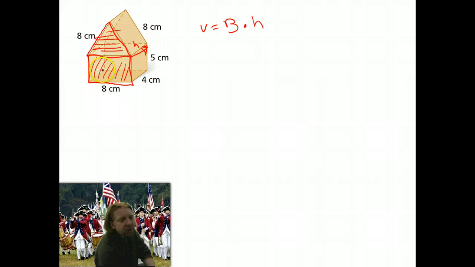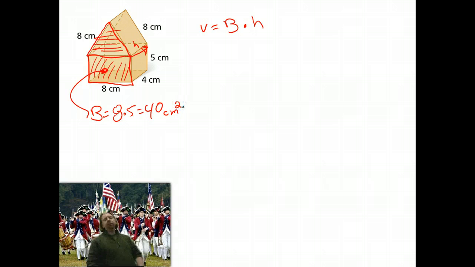Now the good news, this piece right here, this front rectangle, that's easy. That's just 8 by 5, or 40 square centimeters, because that height of 5 is consistent on the front and the back of my house. The hard part is going to be that triangle at the top.